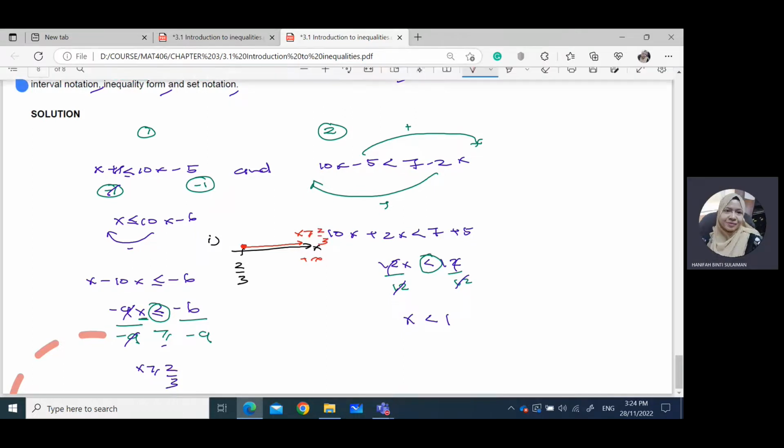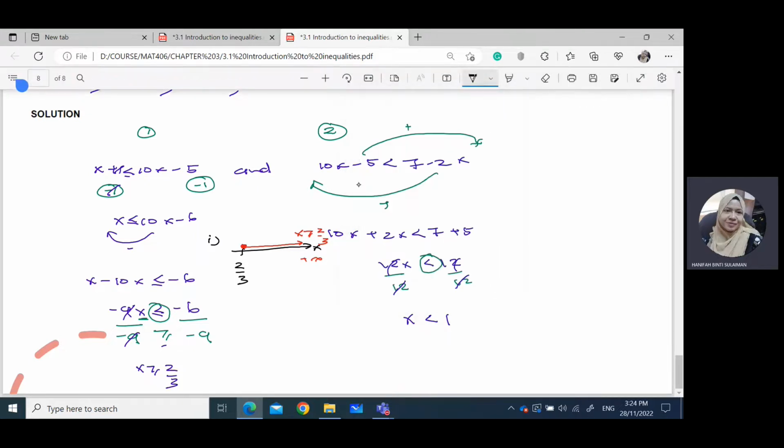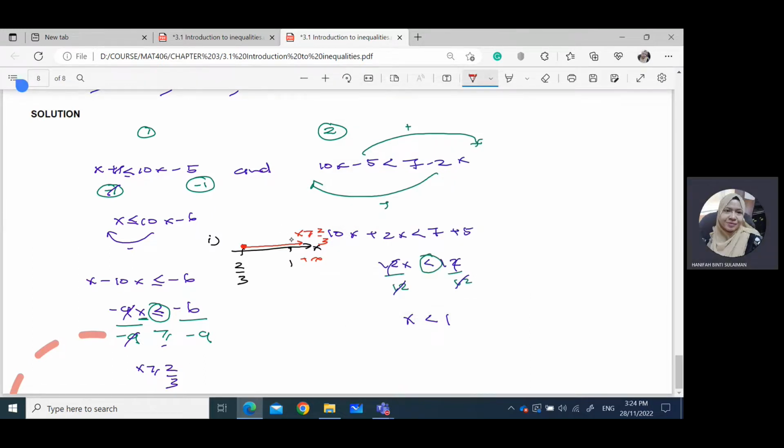Okay, so next x is less than 1. Less than 1, so katakan kat sini 1. This is a 1. Okay, so less than 1 maknanya dia bergerak ke kiri. Okay, less than 1. Tetapi 1 tu tidak termasuk. Jadi kita tak perlu colorkan bullet dia tu. So pergerakan dia akan bergerak ke kiri, which is negative infinity.